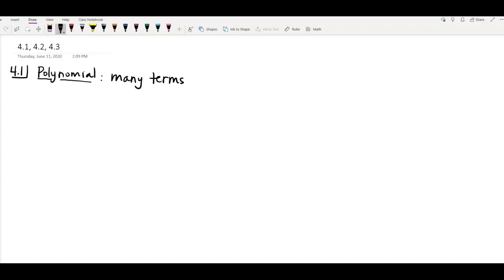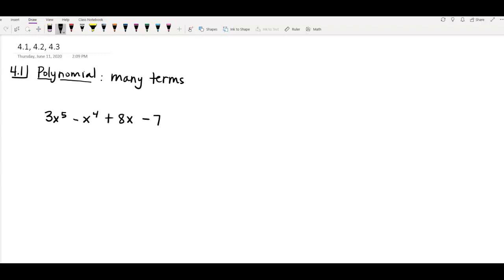So let's go over a few of these things to make sure we're all together here. If I have this polynomial, 3x to the 5th minus x to the 4th plus 8x minus 7.